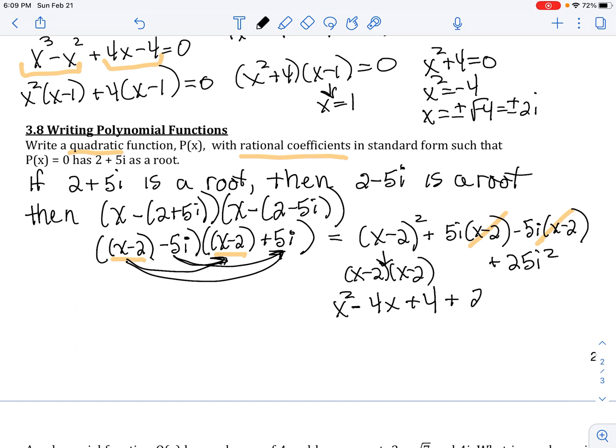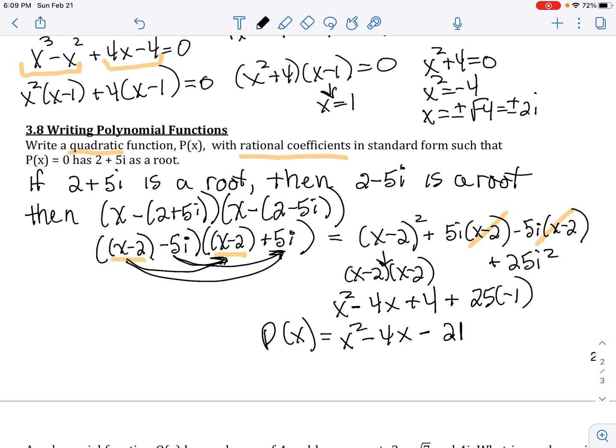Plus, and then that 25i squared is 25 times negative 1. And so my polynomial is going to be x squared minus 4x minus 21. And what was the name of it? P of x.